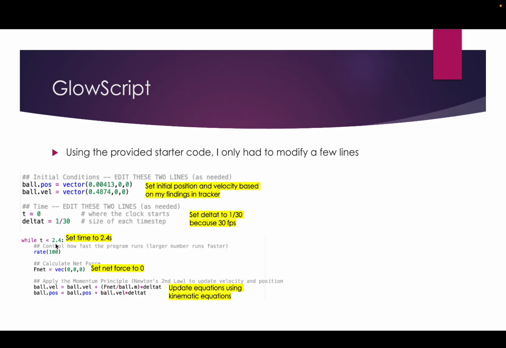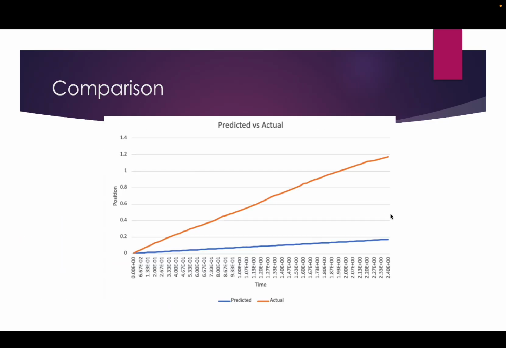Here I set the total time to 2.4, which was based on my Tracker findings. I set the net force to 0 because we want a constant velocity, and then I updated the equations using the kinematics equations.